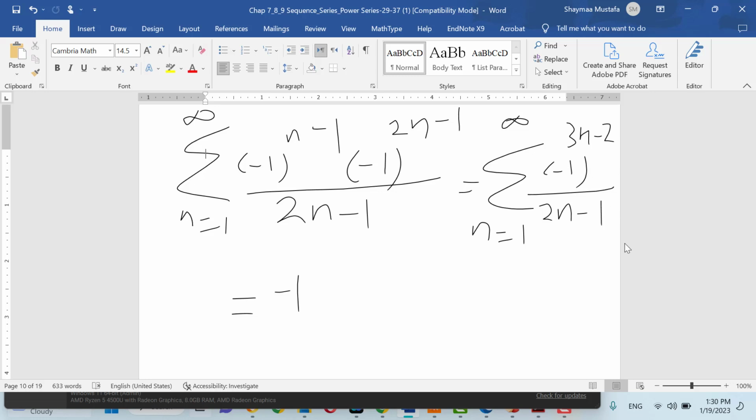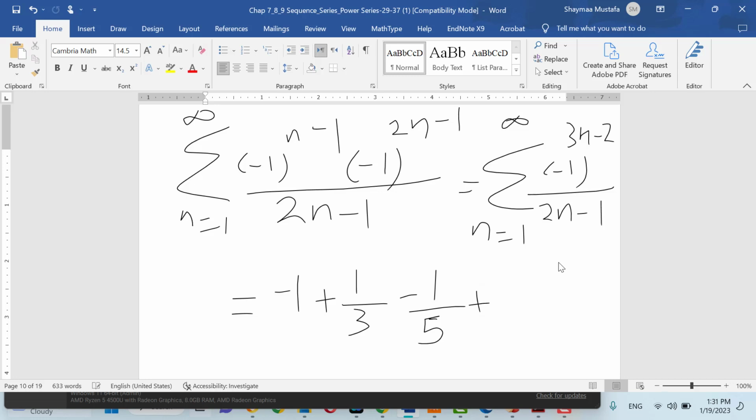Minus 1 to the power 4 is plus 1, over 2 times 2 is 4, minus 1 is 3. Now when n equal 3, 3 times 3, 9, 9 minus 2 is 7. 7 is odd, so this one is minus, over 2 times 3, 6, minus 1, 5.